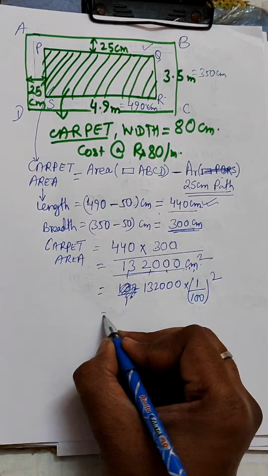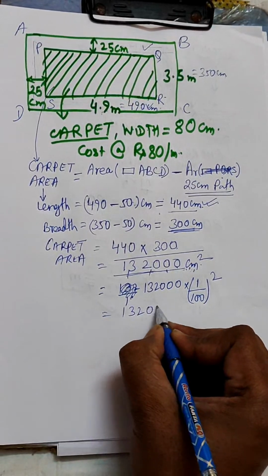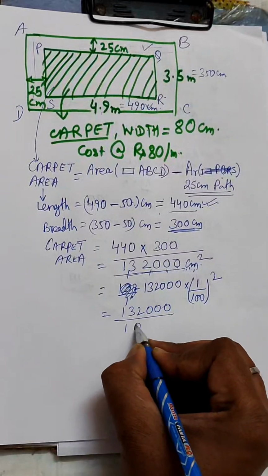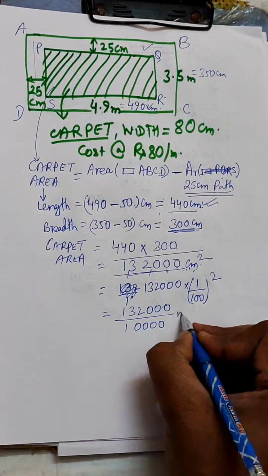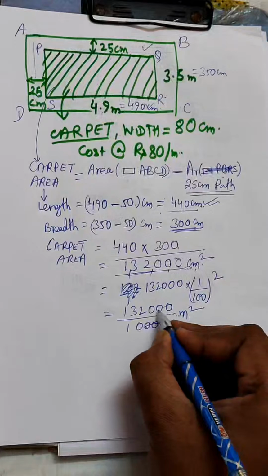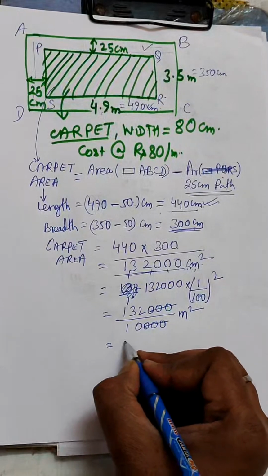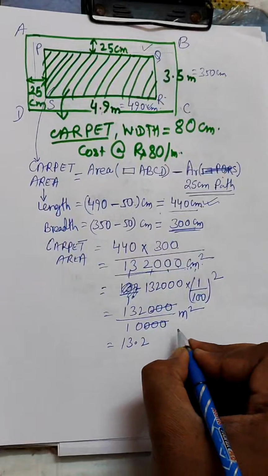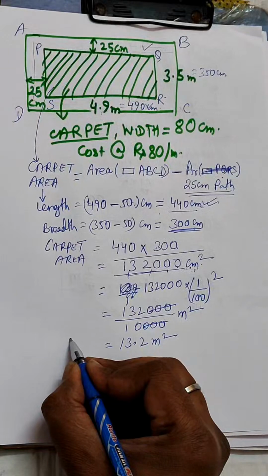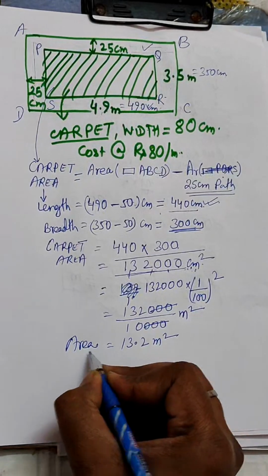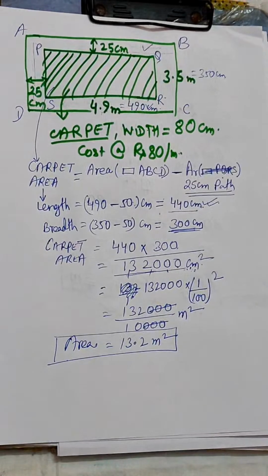So 132,000 divided by 10,000, the zeros cancel out, and this will give you 13.2 meter square. So the carpet area is calculated as 13.2 meter square.